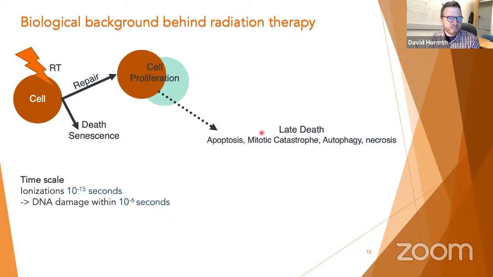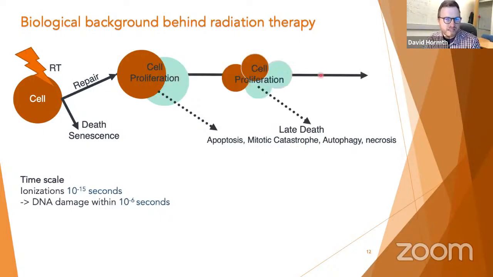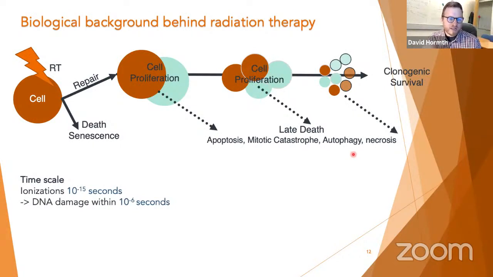But one thing that's interesting about radiation therapy is that even if cells repair correctly and are able to proliferate, they may proliferate another generation and then die out at a later generation due to that initial radiation damage. Or even further down the line, they might become senescent and unable to proliferate. So one of the main ways that people assess response to radiation therapy is clonogenic survival.